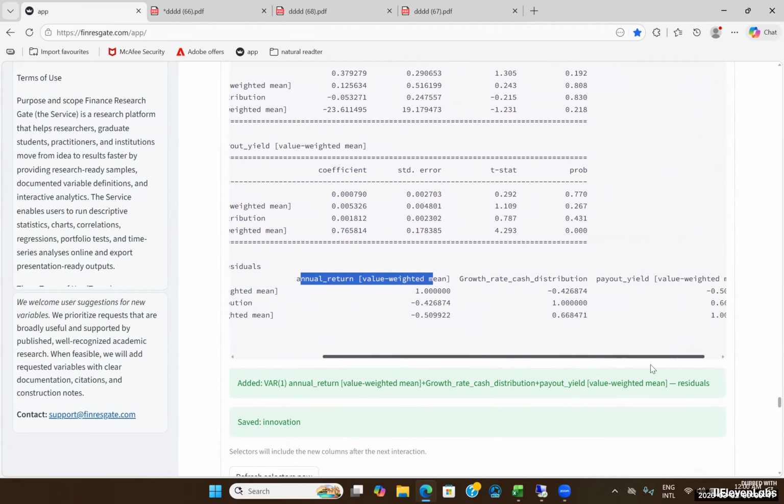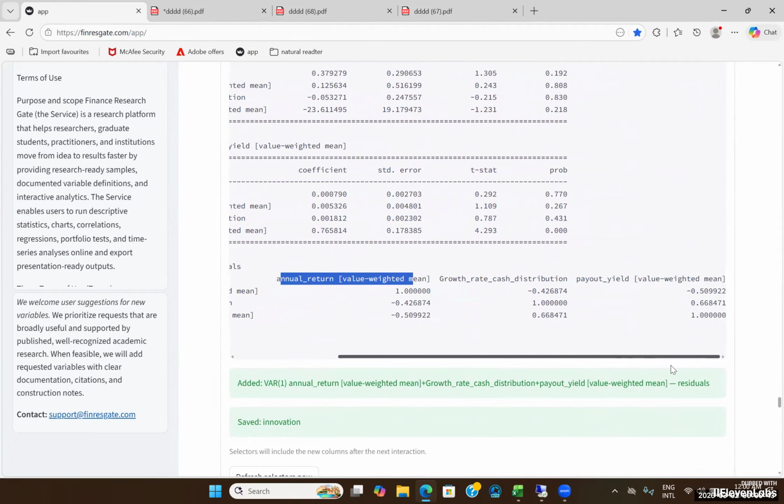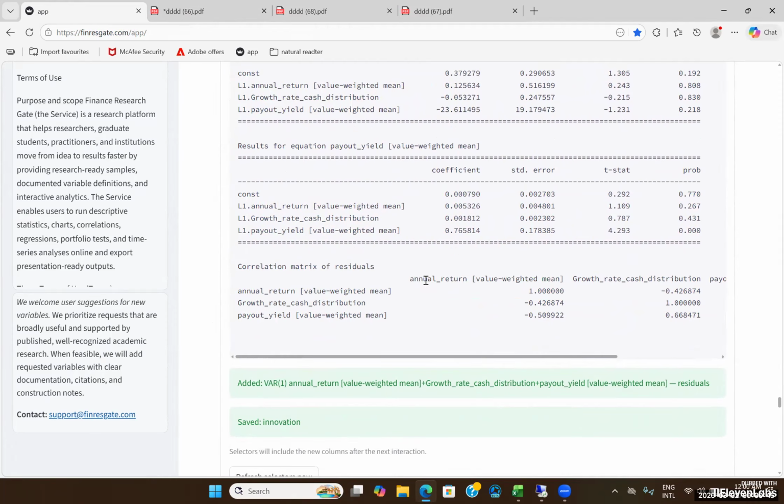And what we can clearly see from our data is that there is a significant correlation present within the area of innovation. For example, when we examine the connection between innovation and the annual financial return, and also the corresponding growth rate in terms of cash distribution, we observe that it is indeed negative. So, for instance, if there's a positive shock, like an unexpected boost to the annual return, this is typically associated with a corresponding negative shock or a reduction in the growth rate of cash distribution.